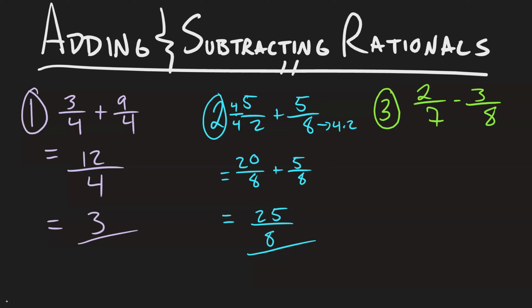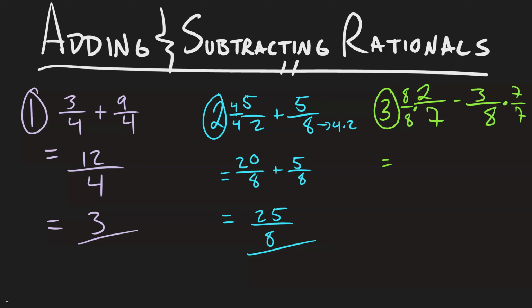And for example 3 here, we're going to be looking at 2/7 minus 3/8. In this case, we don't have any common factors already built in. So we're going to have to pull my favorite trick, which is to create a least common denominator simply by multiplying by the other fraction's denominator. The first fraction I'm going to multiply by 8 over 8. The second fraction I'm going to multiply by 7 over 7.